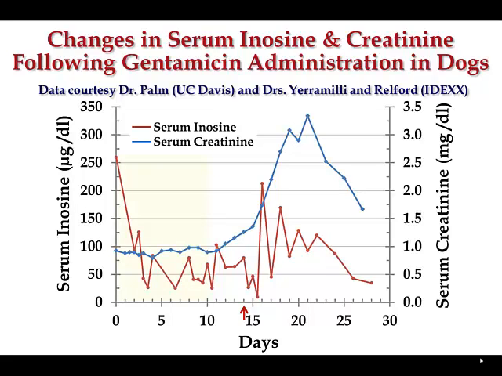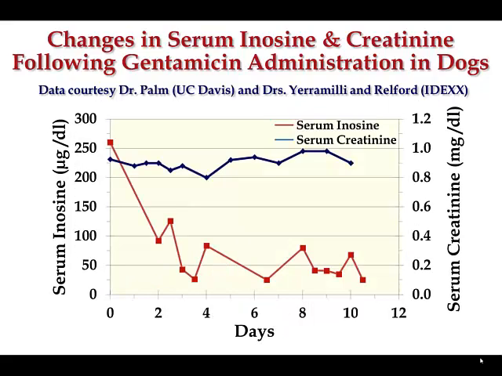If we look at this early marker window right here, it looks a little cluttered, but if we expand this a little bit and look at the first week to 2 weeks, you can see that compared to serum creatinine, which showed absolutely no change after 10 days worth of exposure to gentamicin, serum inosine was very predictive in the first couple of days that this drug was damaging these proximal tubular epithelial cells.